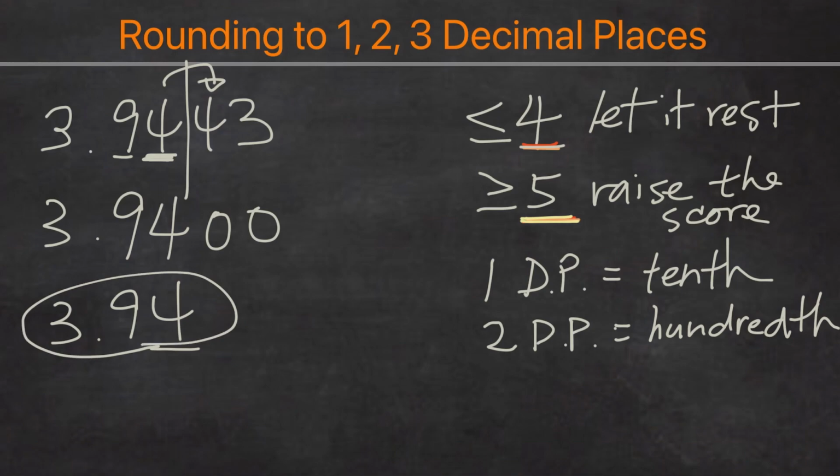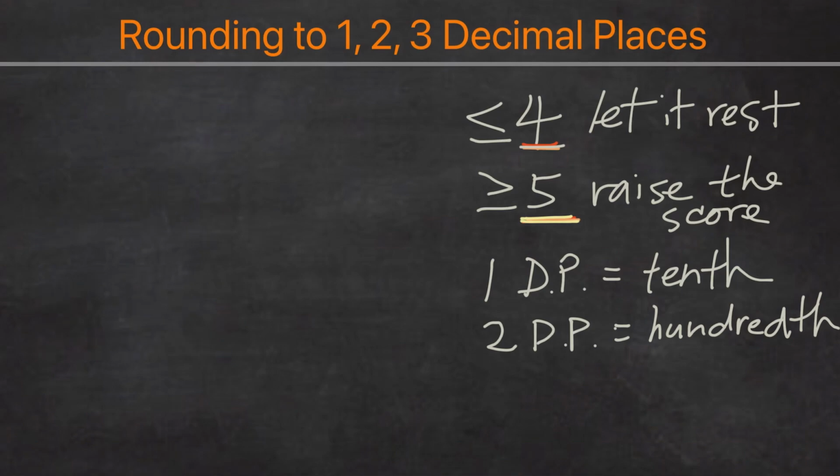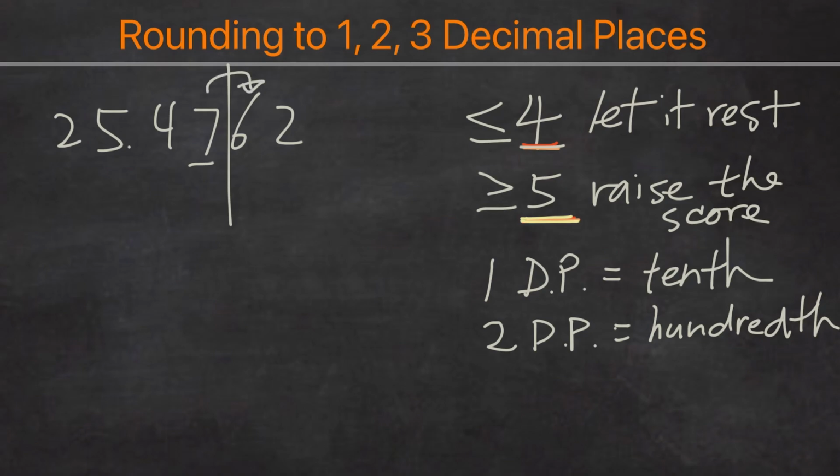And that's the answer. For the next example, I have 25.4762. And two decimal places means that we're going to round here, and we'll draw the line here, look for the number to the right, and 6 will fall under the rule of rounding: 5 or more, raise the score.